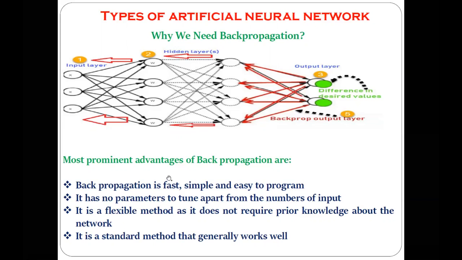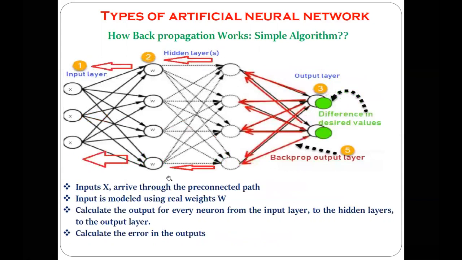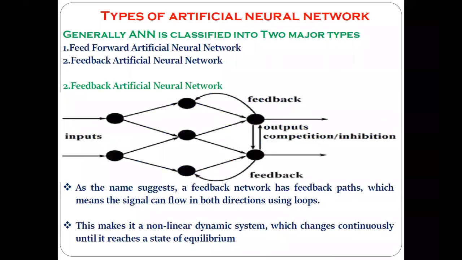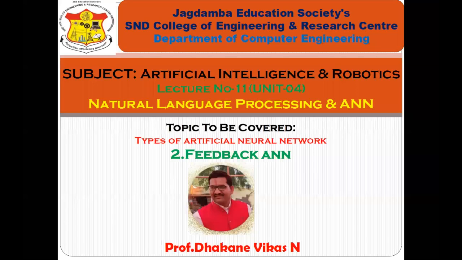Yes, sir. So that's it from unit 4, where we have discussed a number of things. Mainly we discussed what exactly is meant by natural language processing, and then its applications. After that we moved forward to the different kinds of learning. What do you mean by an artificial agent, and learning algorithms.